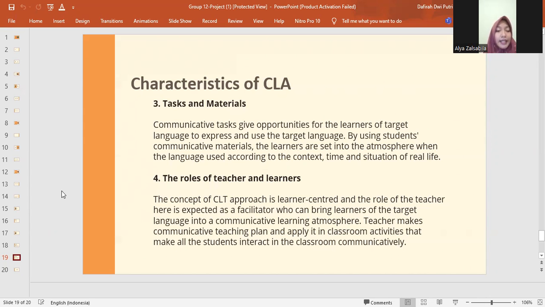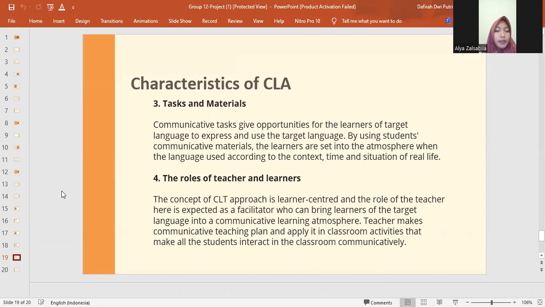The second is task-based materials, which give learners the chance to use the target language through certain rules. And the last one is text-based materials, which provide a theme, task analysis, or practice situation description in the communication among users of the target language.